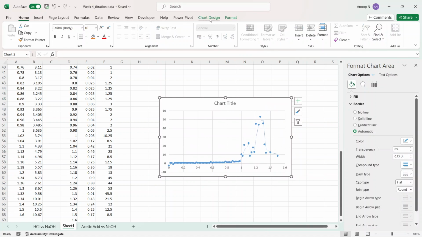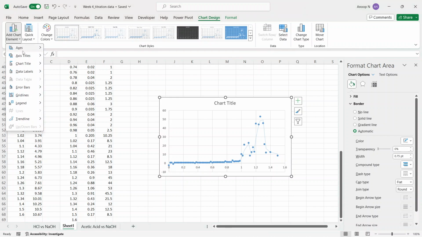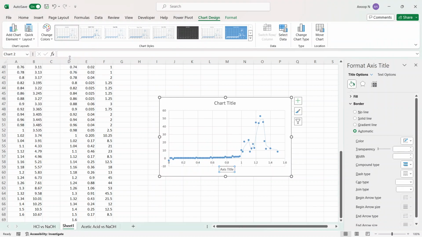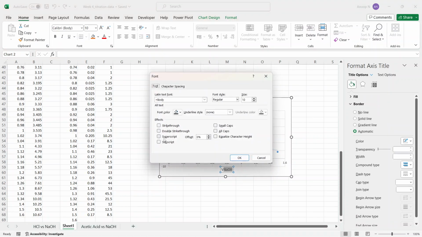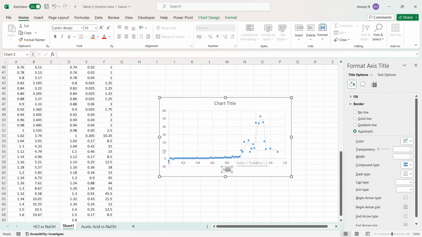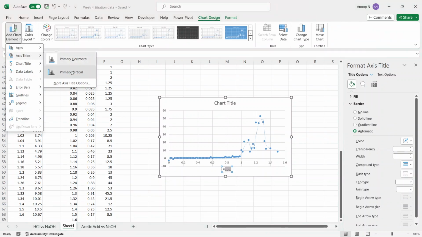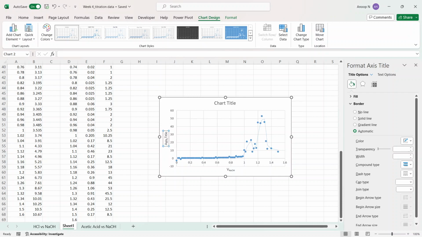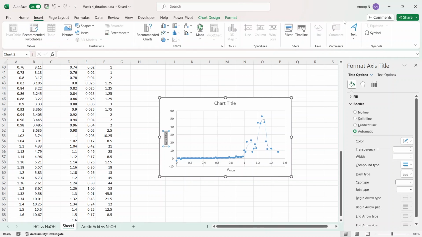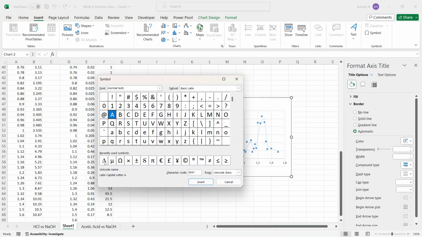Is it clear? If you go to chart design, you can add axis titles. The x-axis is V NaOH, with NaOH as a subscript. Then similarly, go to chart design, axis titles, vertical axis. What is the y-axis, pH or delta pH?